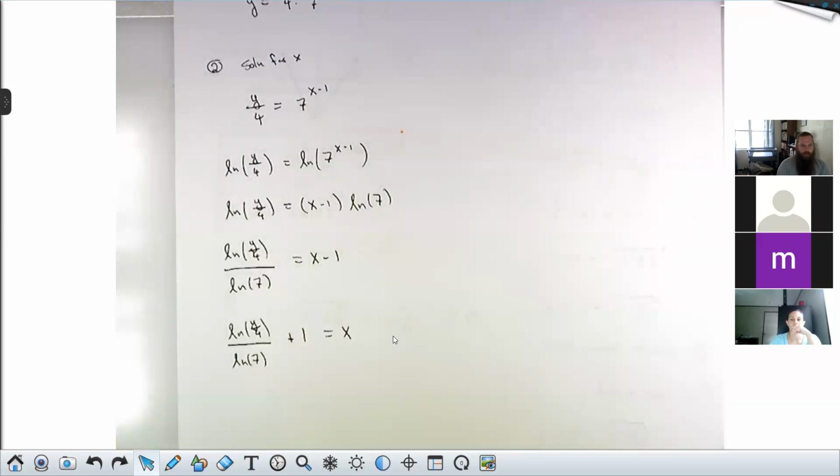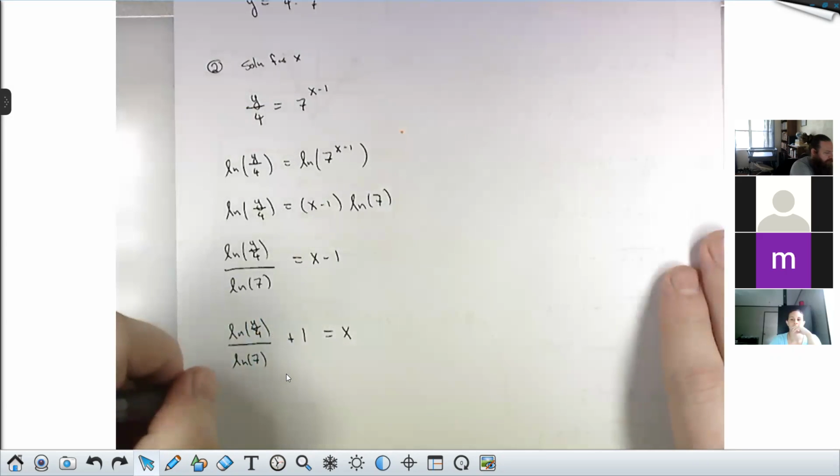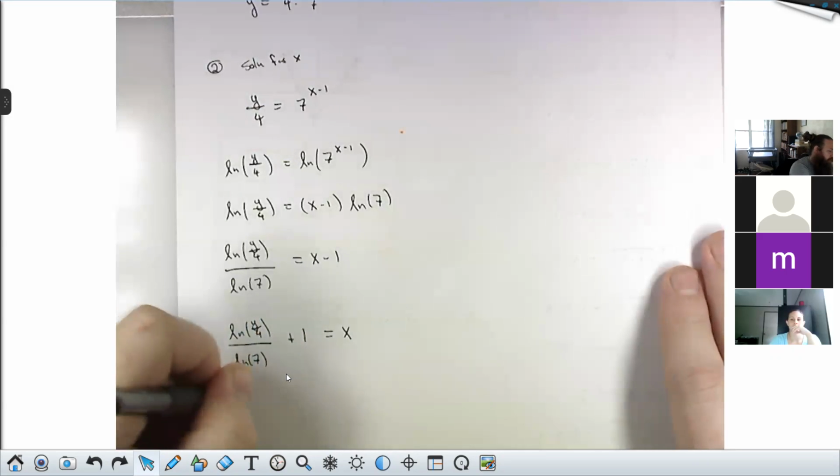A little bit complicated. We could use the change of base formula to rewrite this as a base 7 logarithm if we wanted. This is the base 7 logarithm of y over 4. But for now, I'll just go ahead and finish things. So we swap x and y.